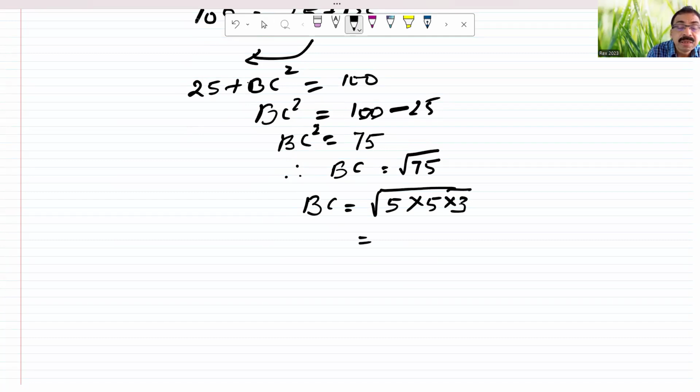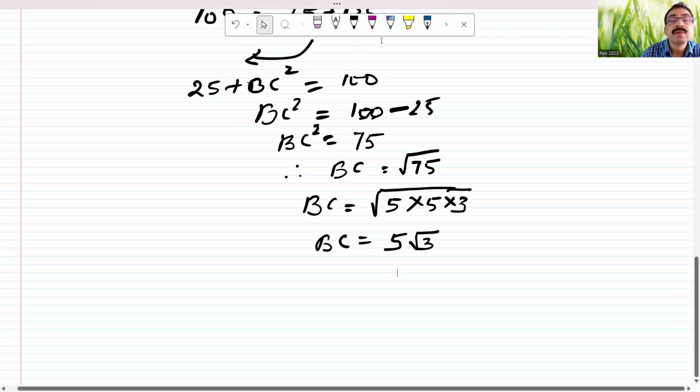So that means BC is equal to, 5 comes out, and then we are left with root 3. So that is your BC. BC is equal to 5 root 3.